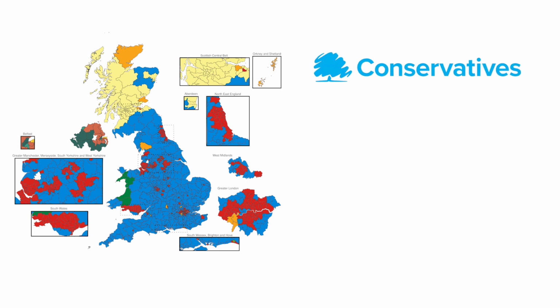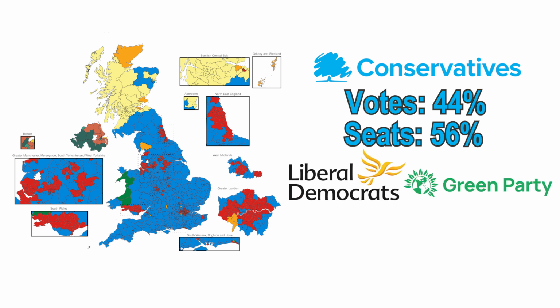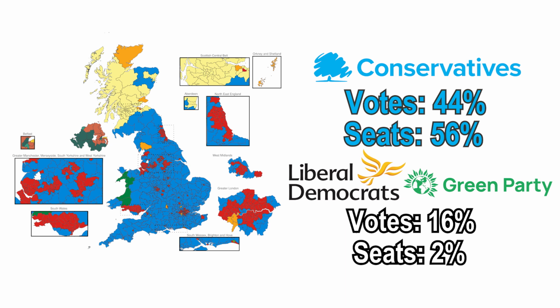So, for example, in the 2019 UK general election, the Conservative Party got 44% of the votes, but won 56% of the seats. The Green Party and Liberal Democrats got a combined 16% of the votes, but only 2% of the seats. If they had a proportionally elected chamber, then under one model, the Conservatives would have had 53 less seats.